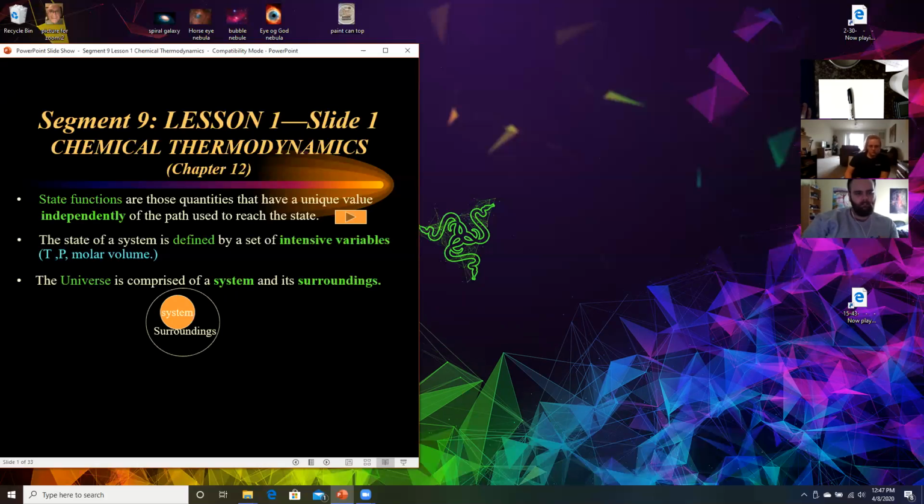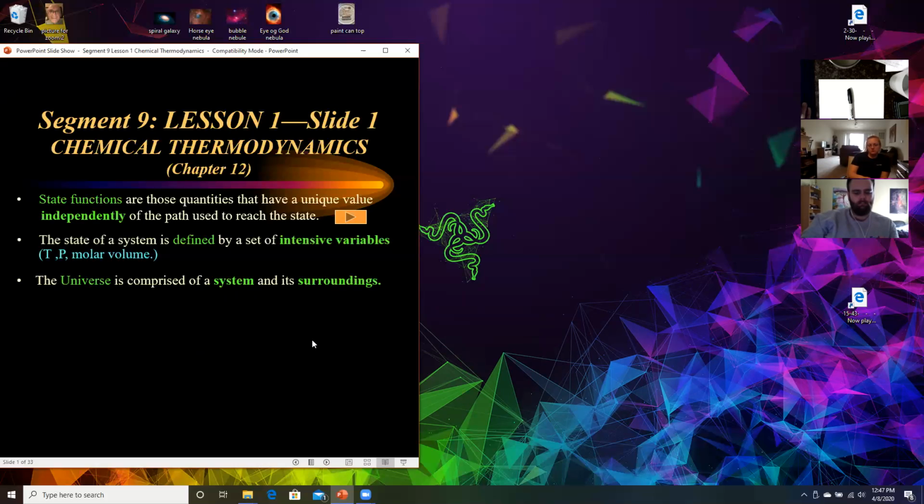But for most purposes, we are just interested in the immediate surroundings. But it is important to remember any function that depends on the entire universe, system plus surroundings, does include everything. So you can imagine some things that we're going to look at would be really, really hard if we had to look at what's going on on the third moon of Jupiter.